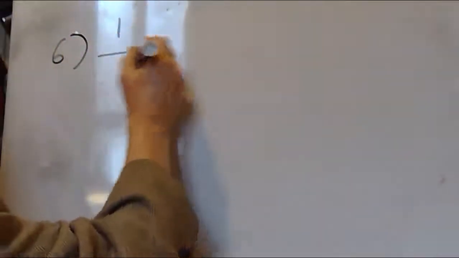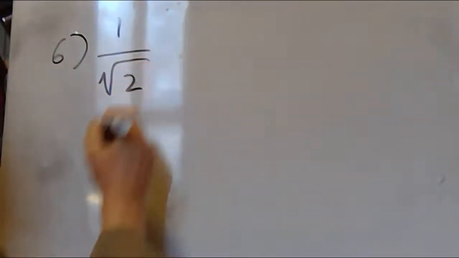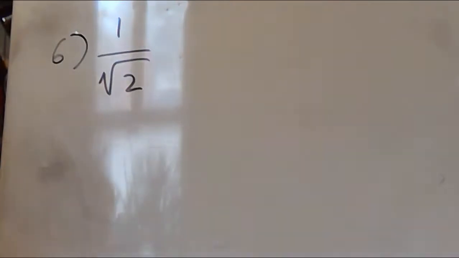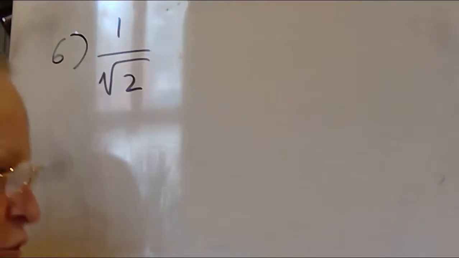We have 1 over the square root of 2. Now, you can't just flip it over and go flippy-floppy and think you can turn 1 over square root of 2 into the square root of 2. You cannot do that. Fractions will be fractions. Do not make fractions into non-fractions.